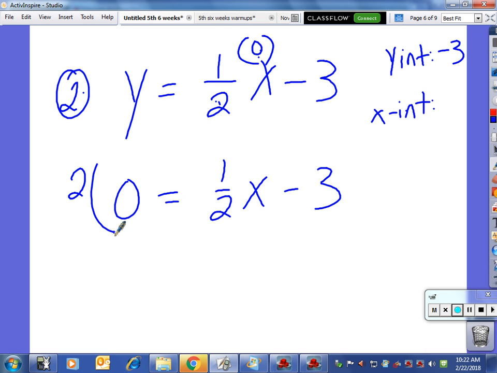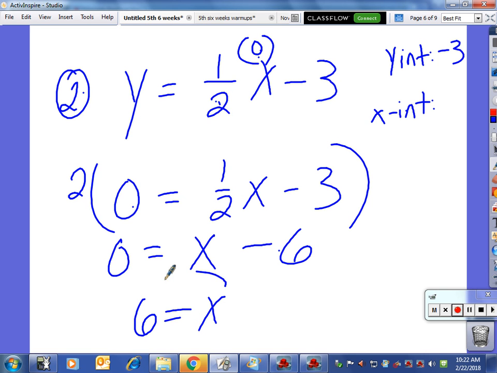Double everything. What's 2 times 0? Still 0. What's 2 times 1/2 x? Just 1x. What's 2 times -3? See how easy this is? Now what? Move the -6 to the other side. Add 6 to both sides. What's the x-intercept here? 6.